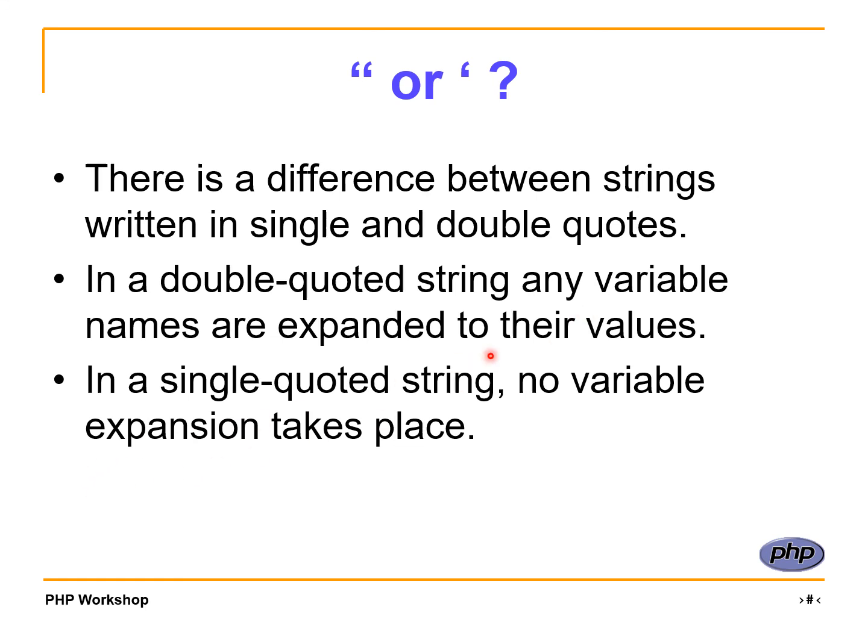In a single-quoted string, no variable expansion takes place. If you specify the variable name in single quotes, the variable name itself is displayed, not its value. That is the difference. It is better to use double quotes, so that variables are manipulated correctly.